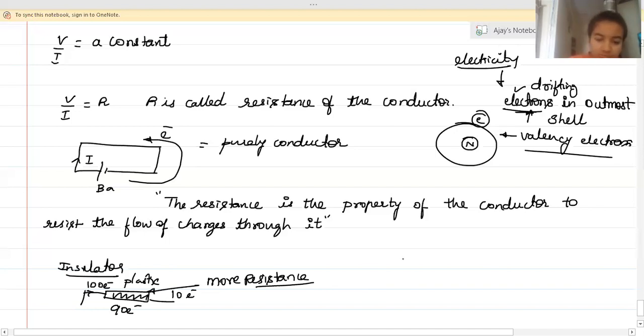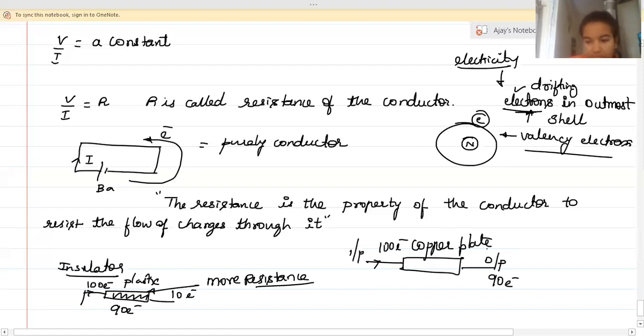In the same way, take another example, a copper plate. I give the same 100 electrons, but I get 90 electrons as output. So what can I say? The copper plate has less resistance. What did you understand from these two examples?